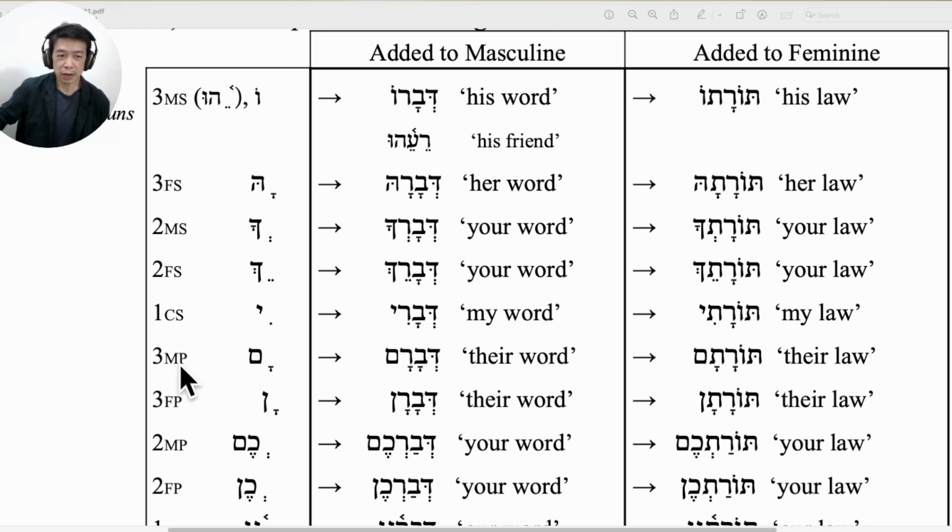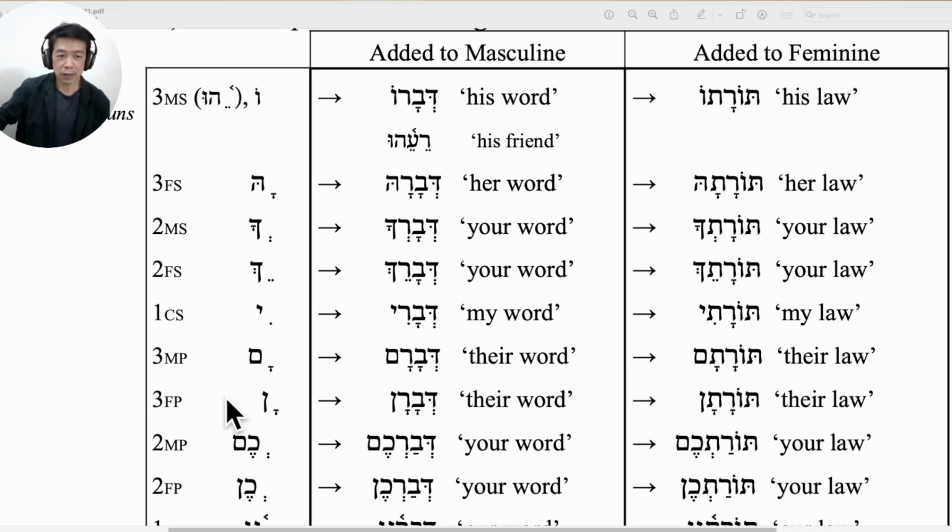For the third person masculine plural, a mem with a kamets is added. So their word becomes Devaram. For their law, it becomes Toratam.